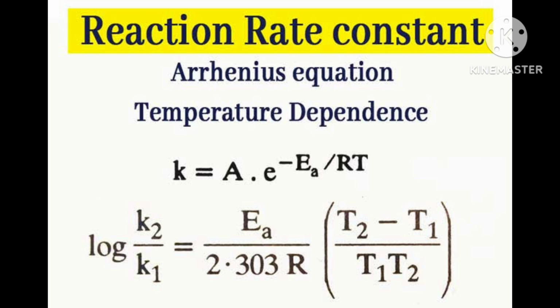Then for this type of reaction, in a general way, because for a reactant the concentration decreases with time, you will use a minus sign: minus dA upon dt, where d is differentiation and t is time.